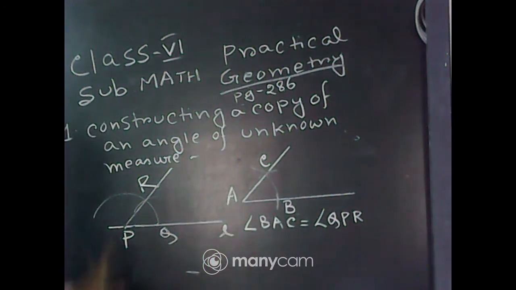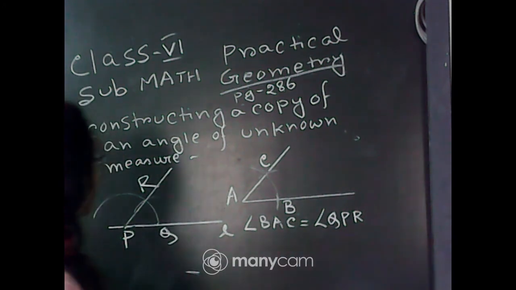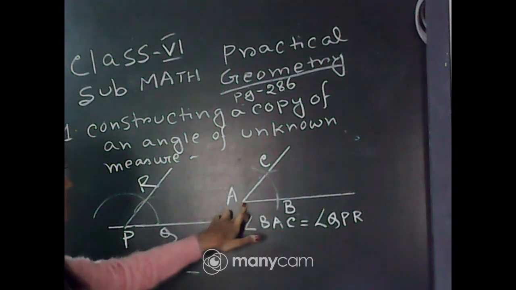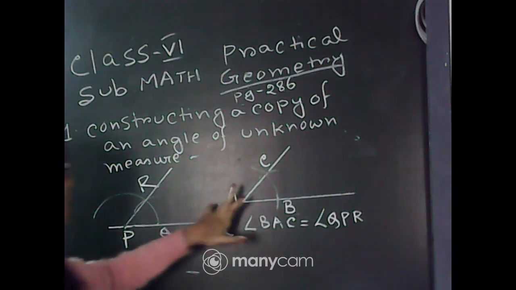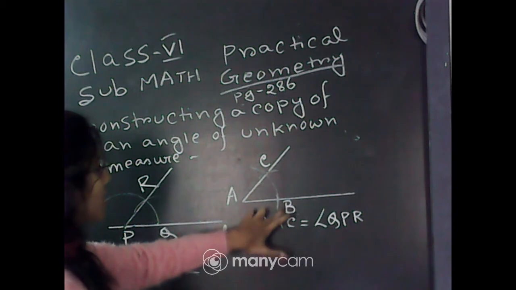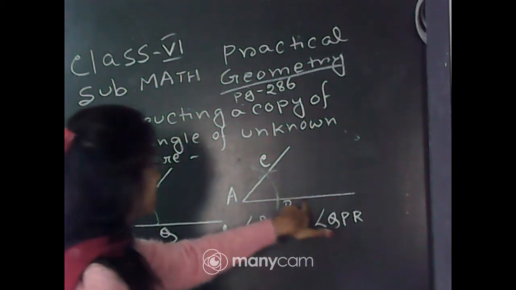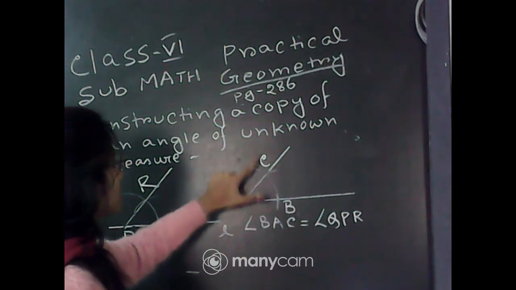For this, we first draw a line L and mark a point P on it. Now, place the pointer of compasses at A and draw an arc. Suppose this arc cuts this ray at B and this ray at C.